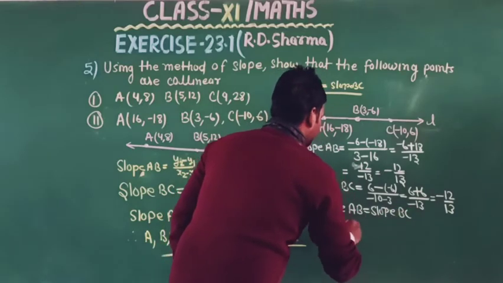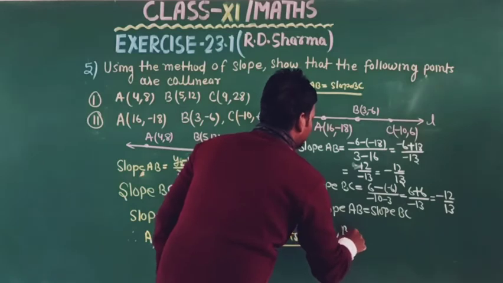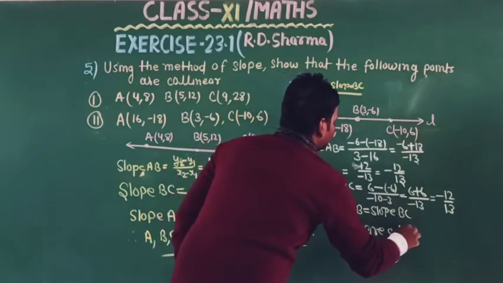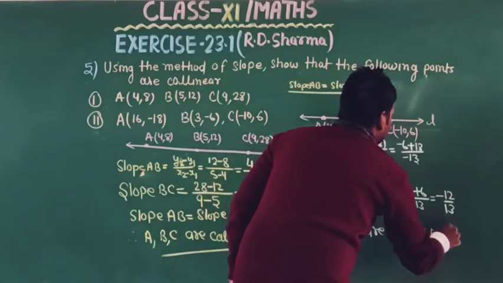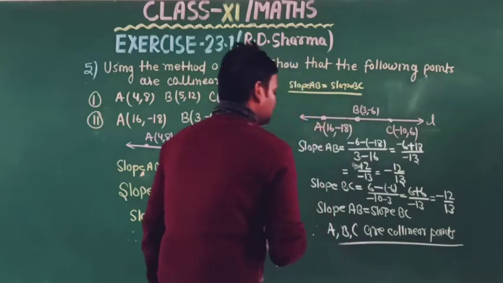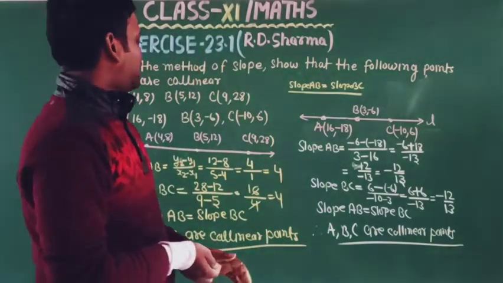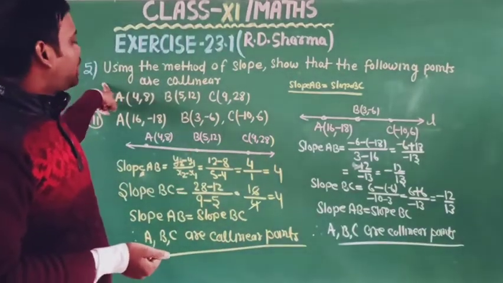Therefore the given 3 points A, B, C are collinear points. So this is the required solution of question number 5.